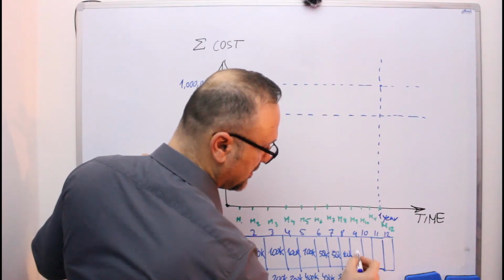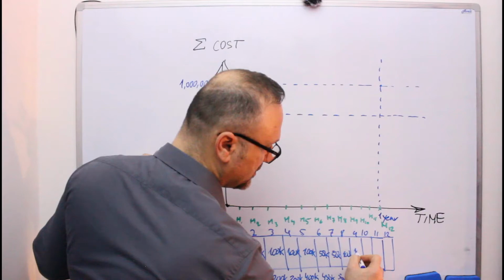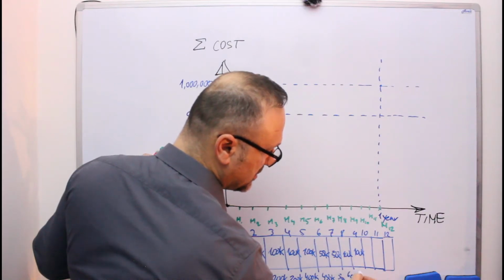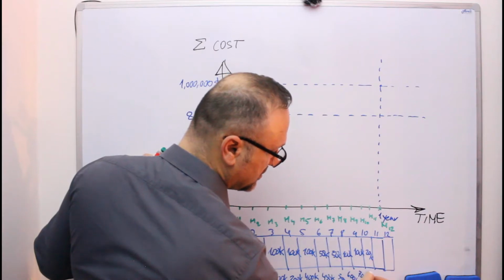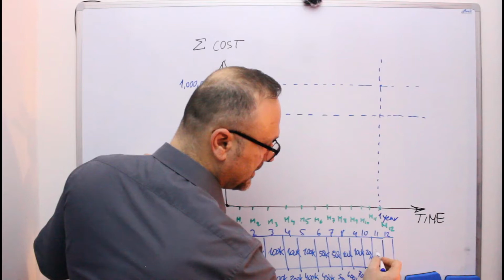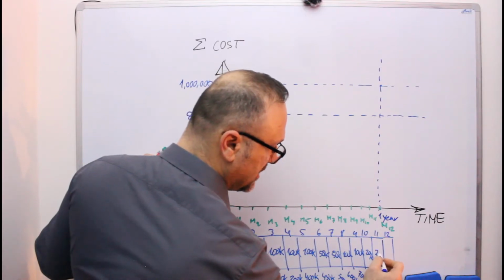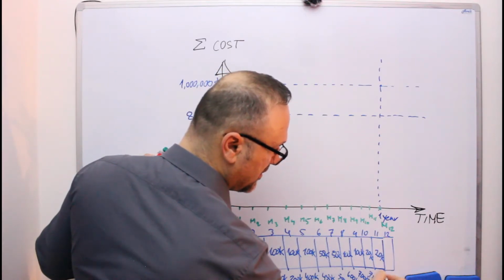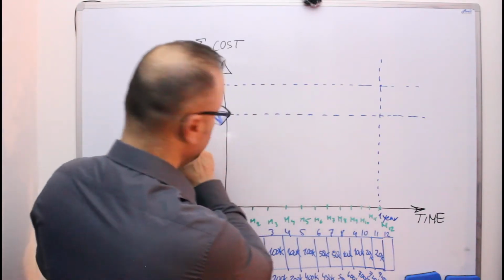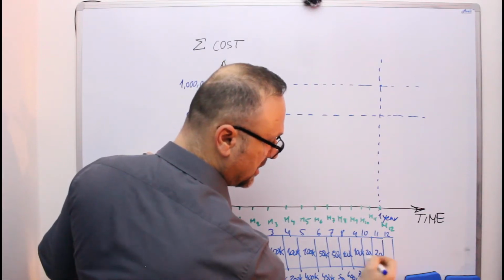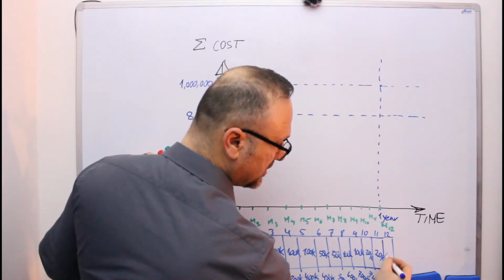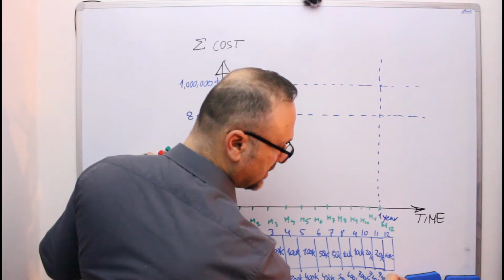600, this is 100 also, so this is 700, this is 20, so 720, this is also, let's say 20, 740, and here should be 800, so I will check it to be 60, so it is 800k.